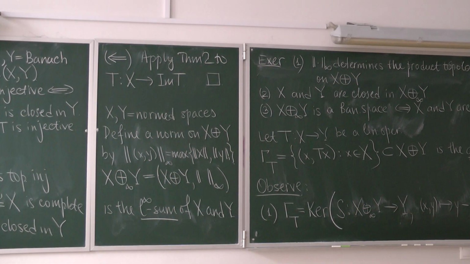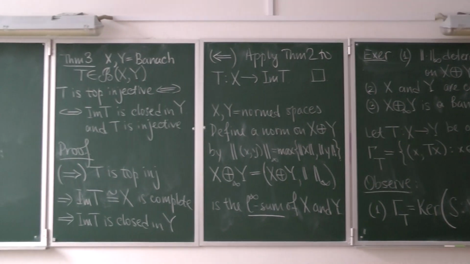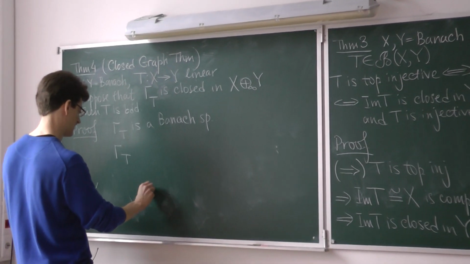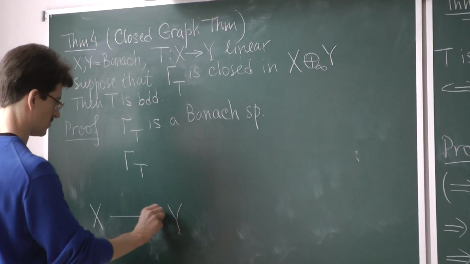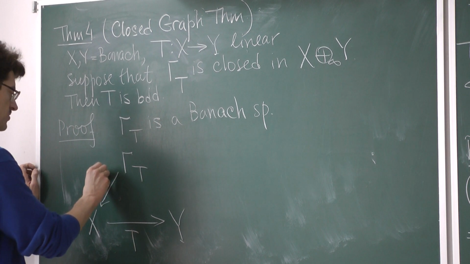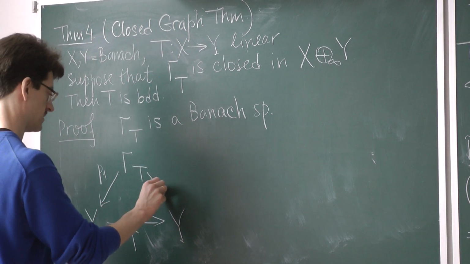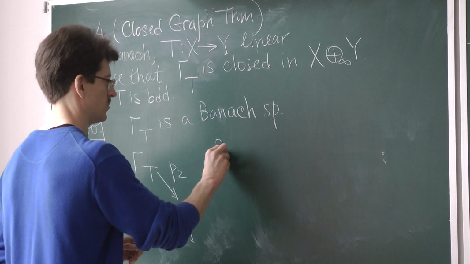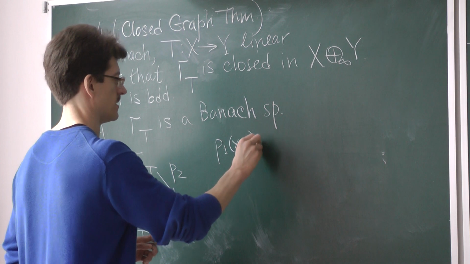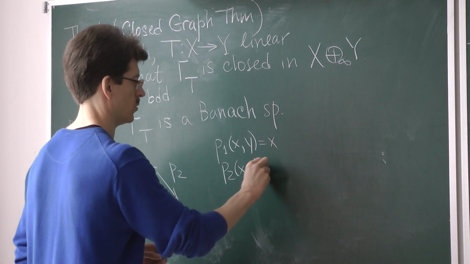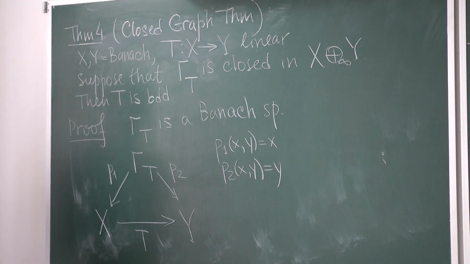And let's now look at the following picture. This is the graph, this is X, and this is Y. Here we have our operator T, and here we have the projections onto the first summand and onto the second summand. So p1 of (x, y) equals x, and p2 of (x, y) equals y. And clearly p1 and p2 are bounded.